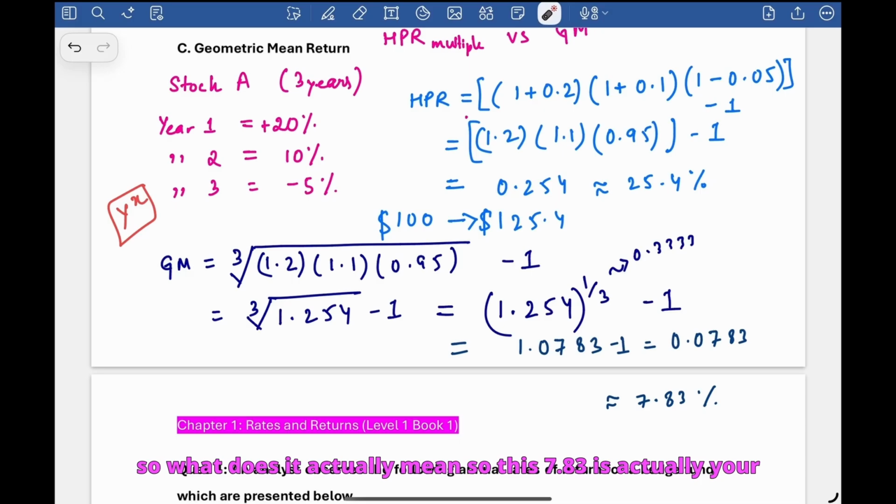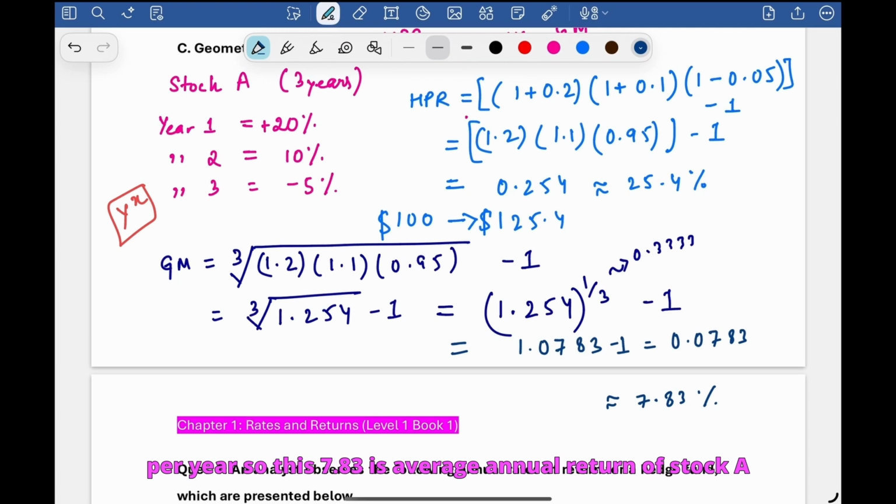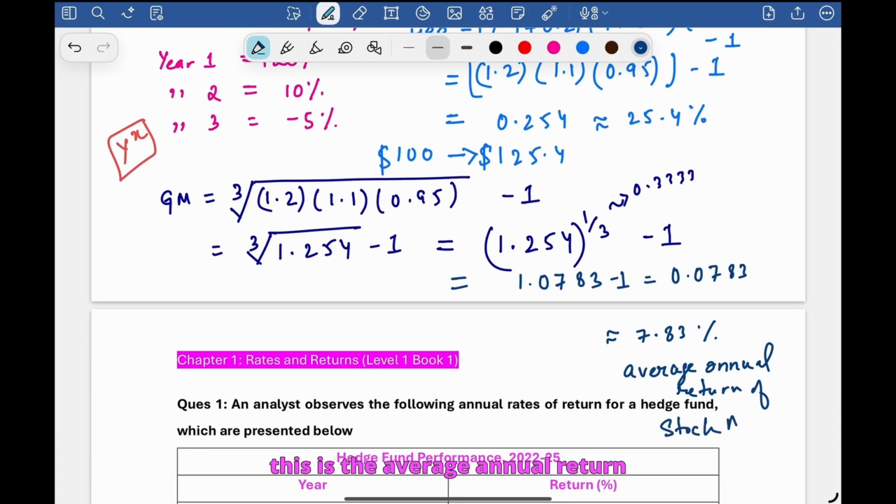This 7.83% is your annual return on average per year. This is the average annual return of stock A, annual meaning per year.